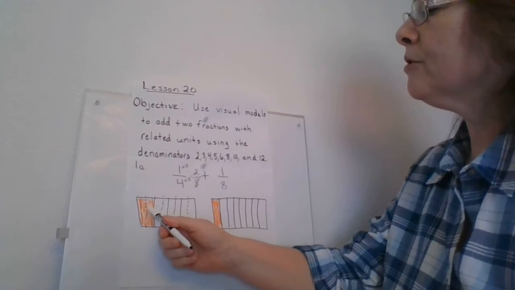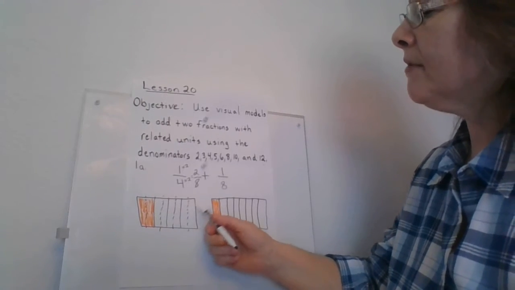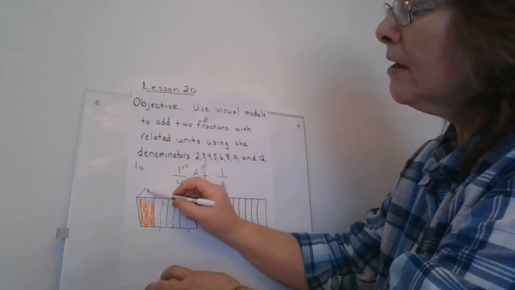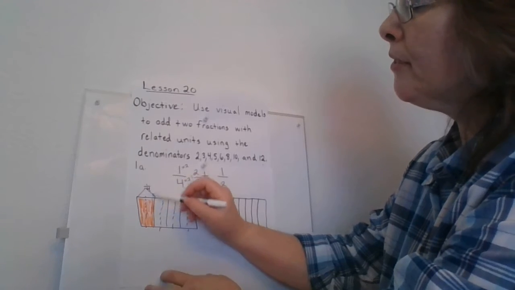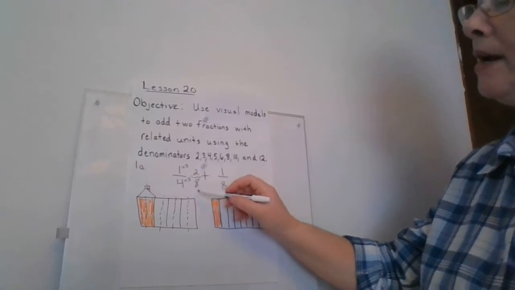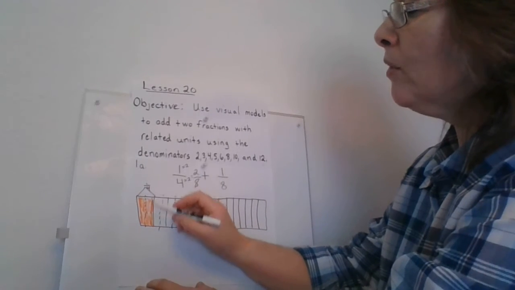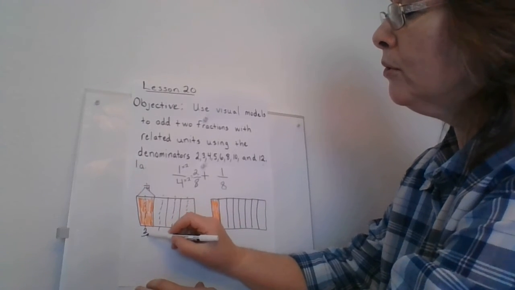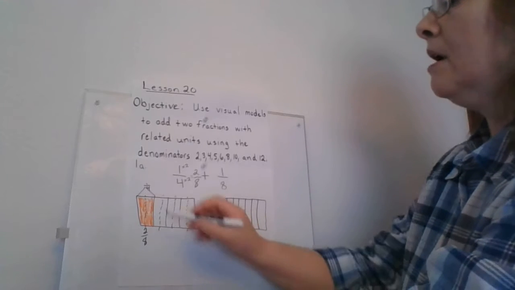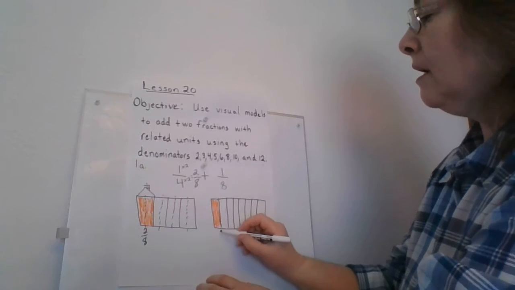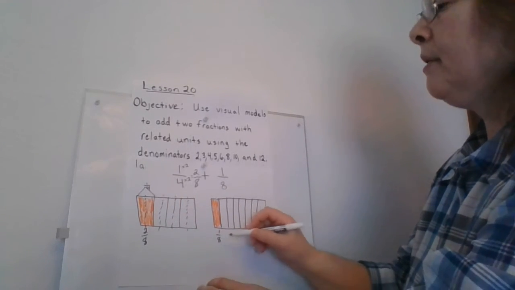Now I have 1, 2, 3, 4, 5, 6, 7, 8. So originally, this 1/4, when I cut each piece in half, now became 2/8. And 2 out of 8, and here's 1/8.